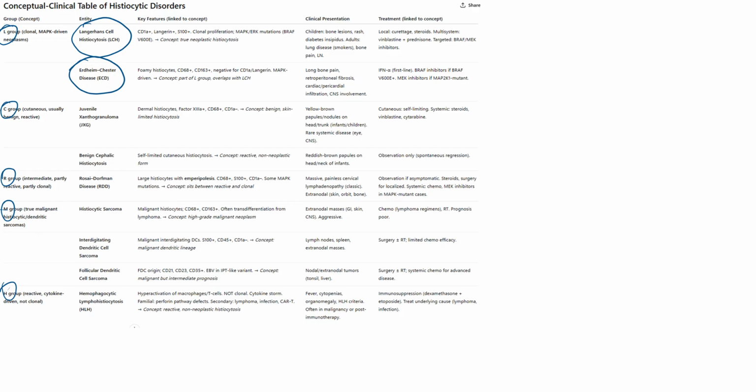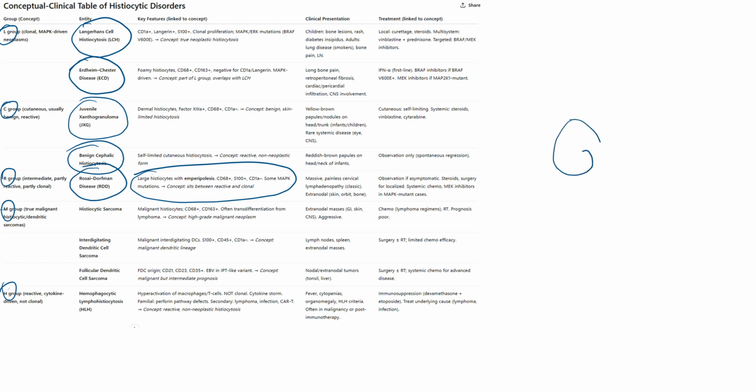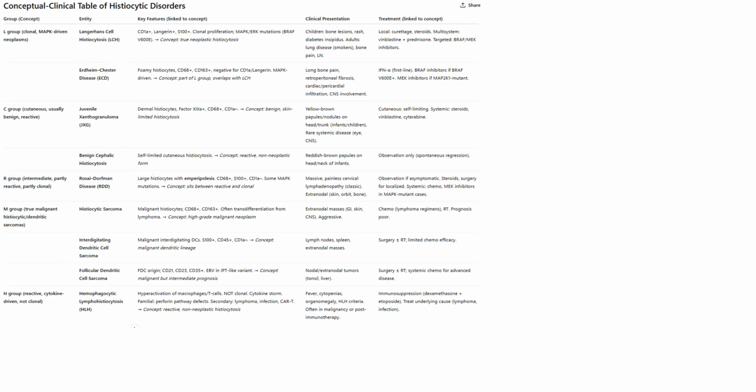C group is cutaneous and juvenile xanthogranuloma and benign cephalic histiocytosis. R group is Rosai-Dorfman disease, which was seen in the sinus of the lymph node, and the lymph node will become very large. M group is malignant histiocytosis, histiocytic sarcoma, interdigitating and follicular dendritic sarcoma. H group is HLH. So this is how you classify and treat histiocytic disorders. Thank you.